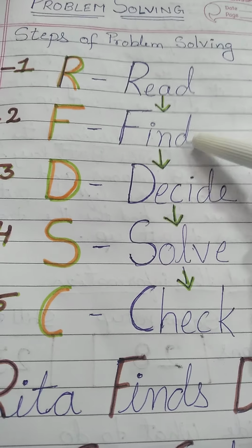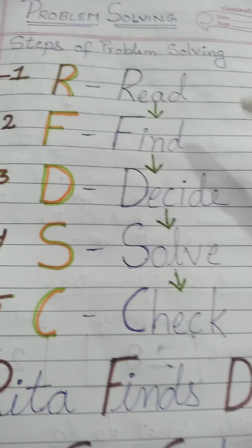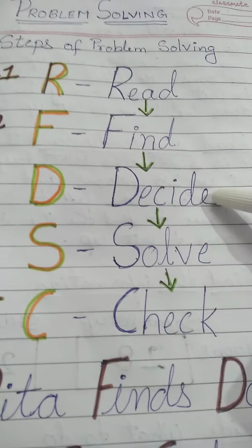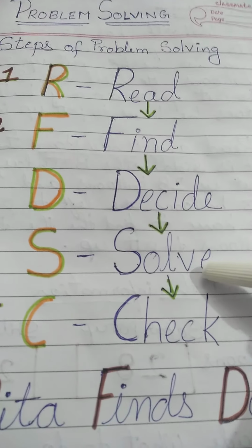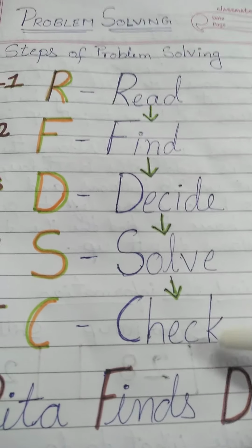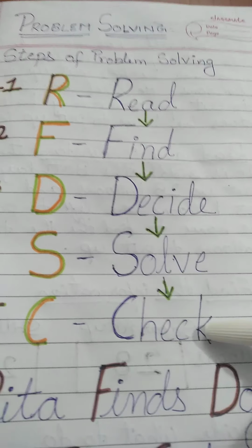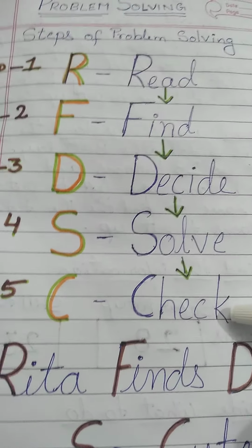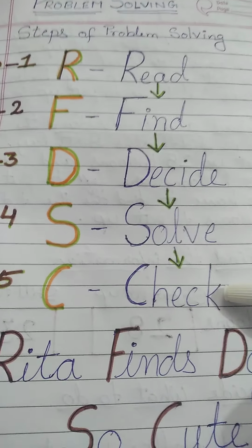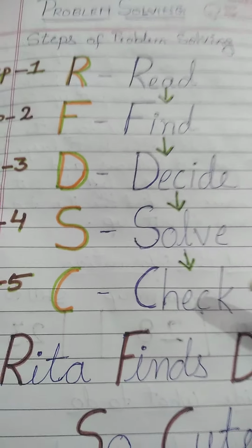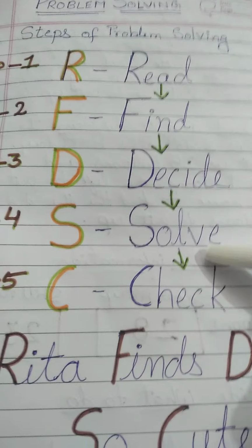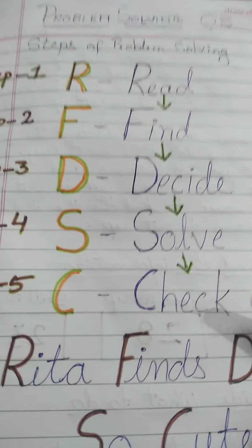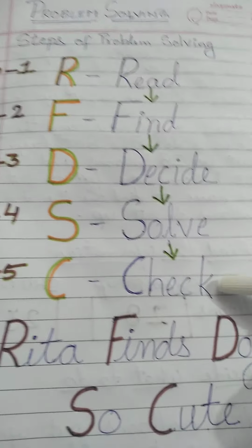Next is find the information in that problem, and then decide what to do, then solve, and finally, the most important is to check your answer. Do not forget to check your answer. It is the most important one, whether the answer you got is correct or not. You should check it. Okay?